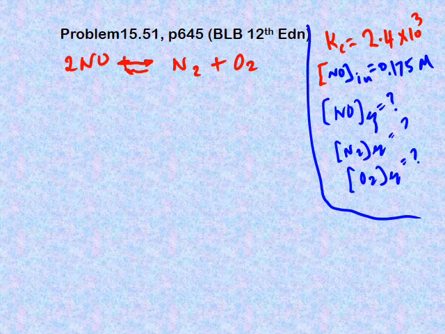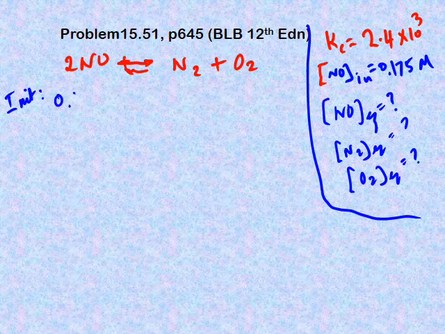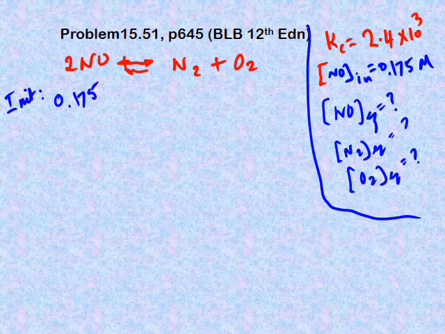Now, in this particular case, since the initial concentration is given for NO, let's set up an expression like this. Initial, 0.175. When you just started the experiment, there was no nitrogen or oxygen.